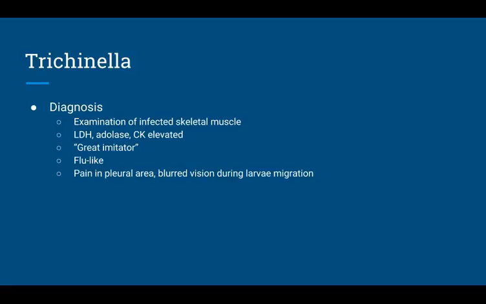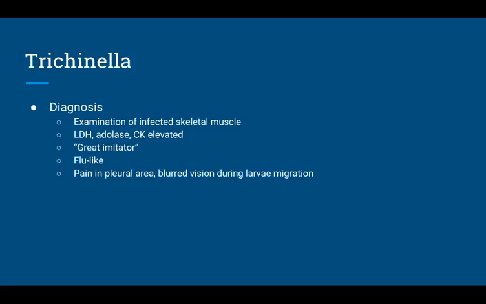Diagnosis, since this goes to the muscle and not the stool, then we have to examine the infected skeletal muscle. The muscle enzymes like LDH, the lactate dehydrogenase, aldolase, and creatine kinase are all elevated.